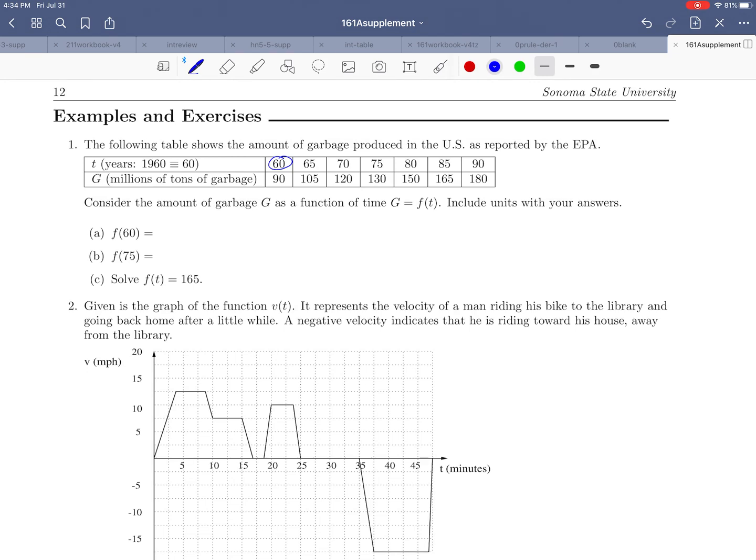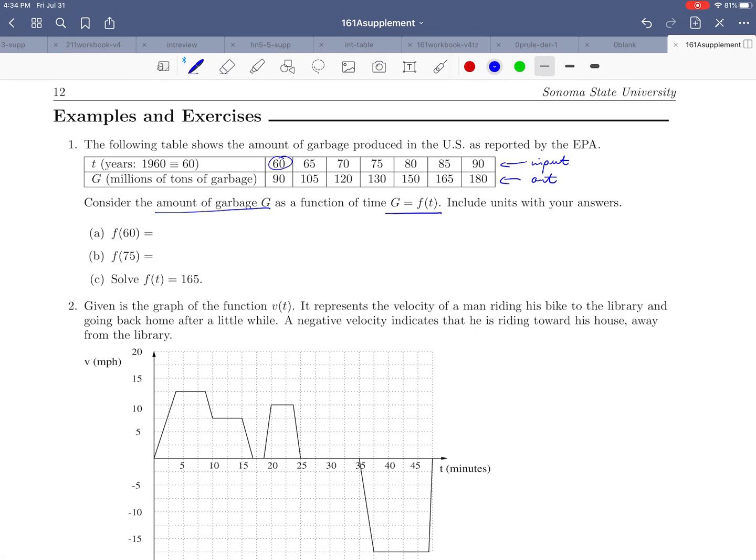G is going to be our amount of garbage. That's a variable we are using for the amount of garbage, and we consider that the output. We are looking at G as a function of time, so G is equal to f of t. Our input is time, and our output is millions of tons of garbage.